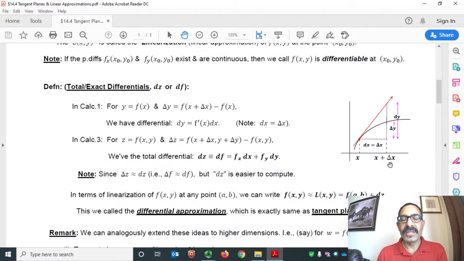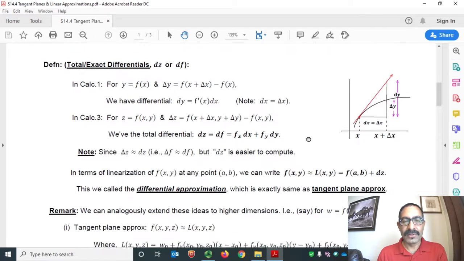Then the corresponding change in y is delta y. So delta y equals f(x plus delta x) minus f(x). So we have the differential dy equals f prime of x dx.